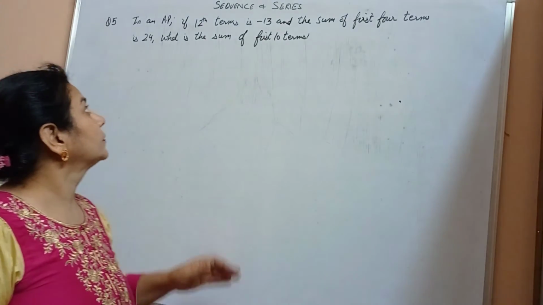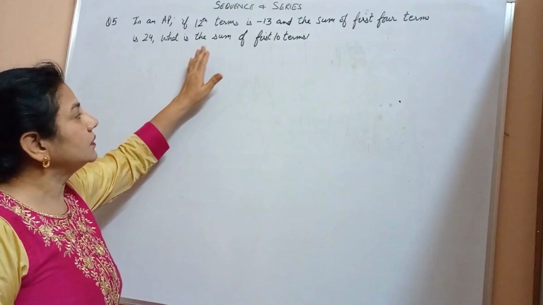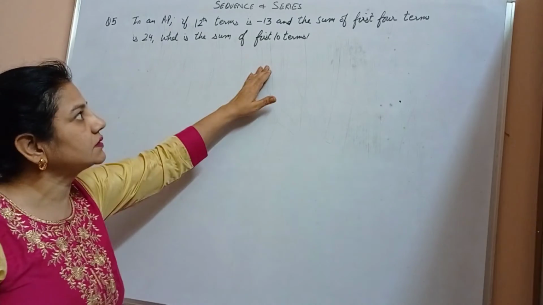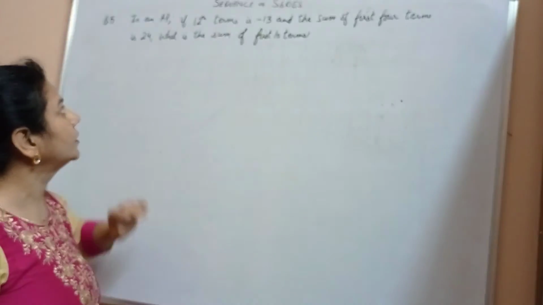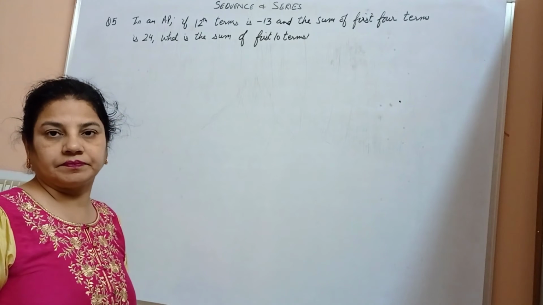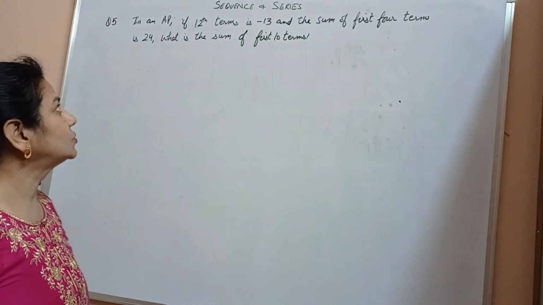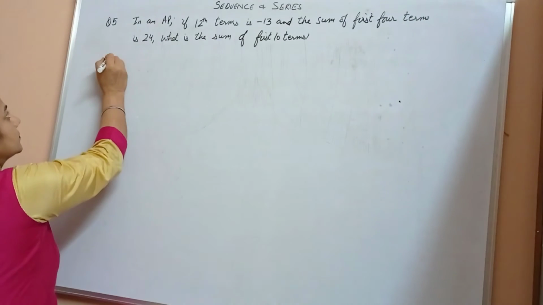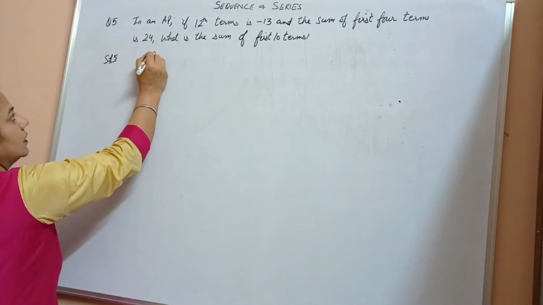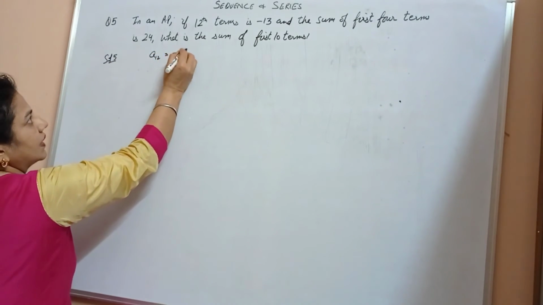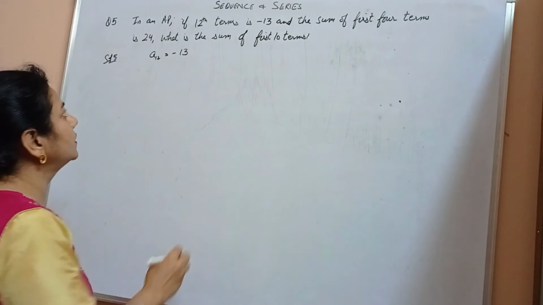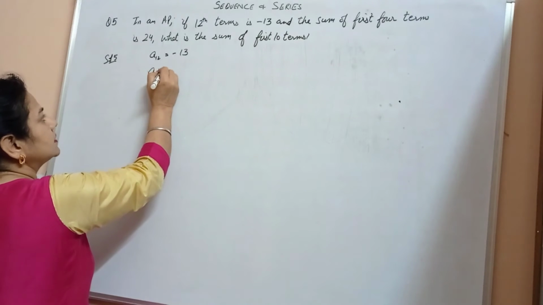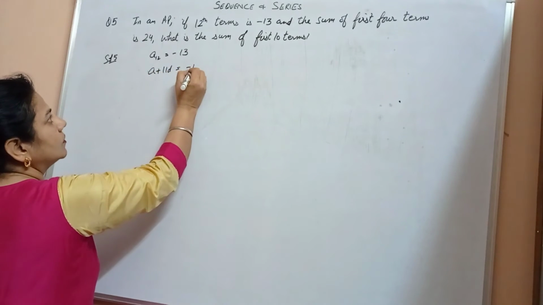In an AP, if the 12th term is minus 13 and the sum of the first 4 terms is 24, what is the sum of the first 10 terms? As the 12th term is minus 13, a12 is equal to minus 13, which means that a plus 11d is equal to minus 13.